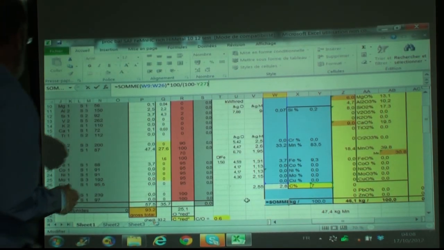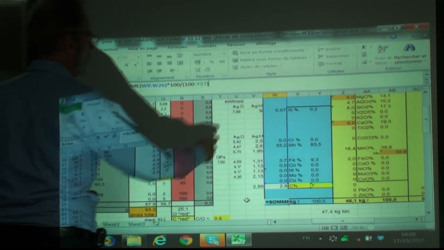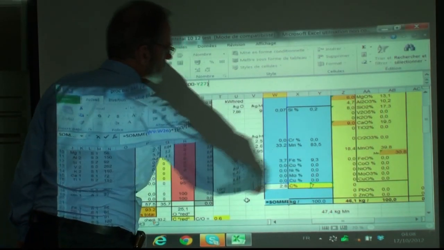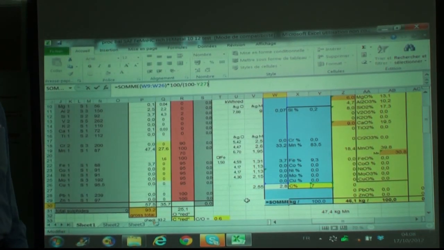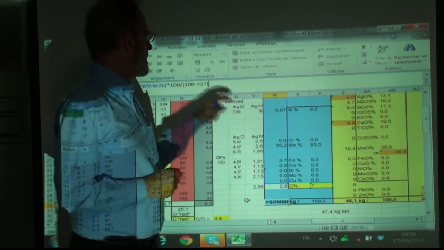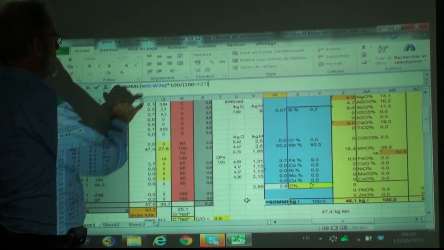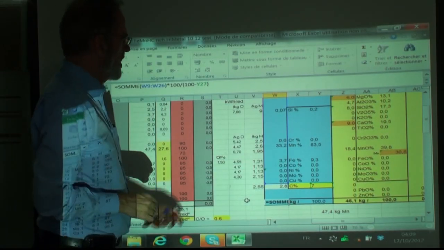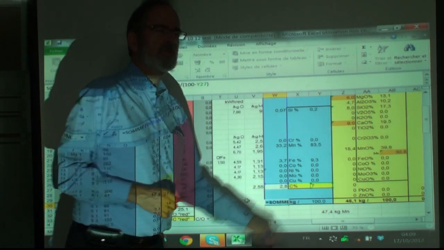I make the sum of all except of the carbon, because the carbon is not calculated. It's target, it's given. And I say the sum except the carbon must be 100 minus 7%.